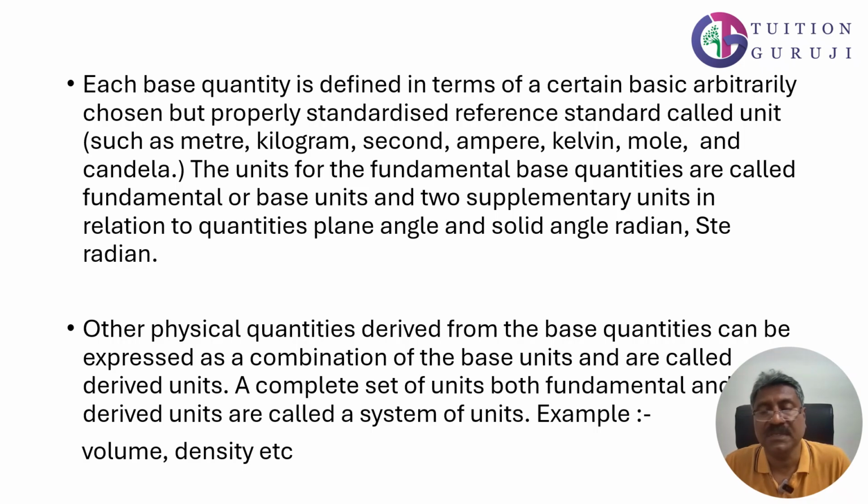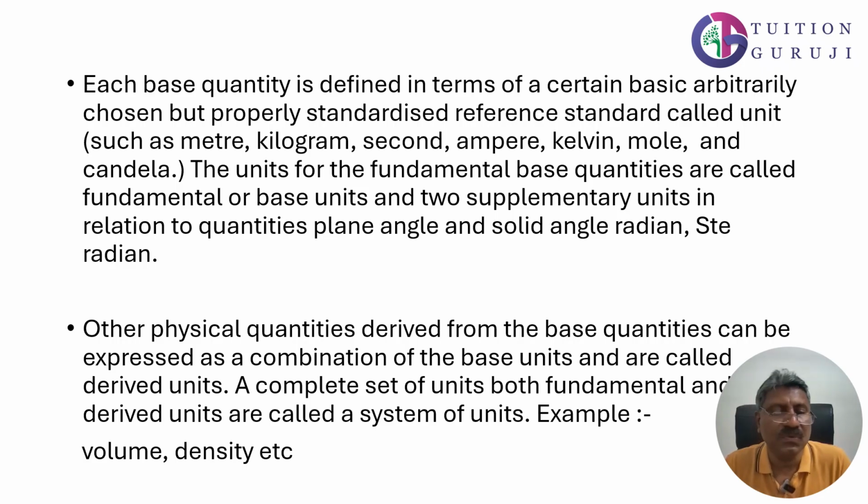For example, take the case of volume. Volume is distance into distance into distance, or length, breadth, height, LBH. That means it is a multiple of 3 lengths. Meter is a fundamental unit, and multiplying it 3 times, we get the cube of a meter, that's the volume.